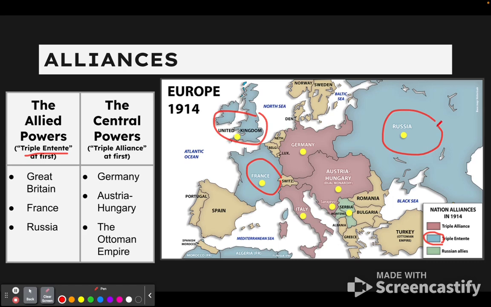Then they are arguing with the Central Powers or the Triple Alliance. The Central Powers are the ones here in this mauve color. So you have Germany, Austria-Hungary, and also modern day Italy, all of these countries together. Some of them formed the Ottoman Empire right here at that time.